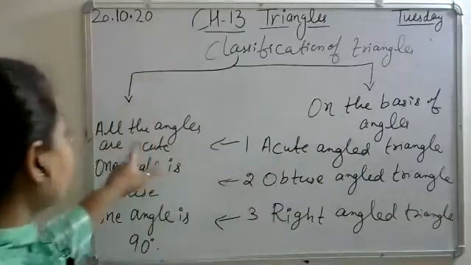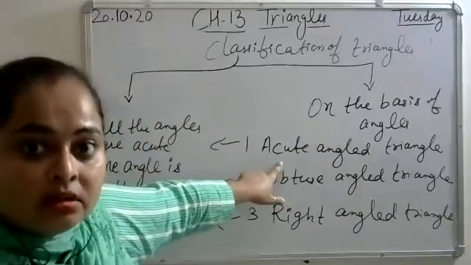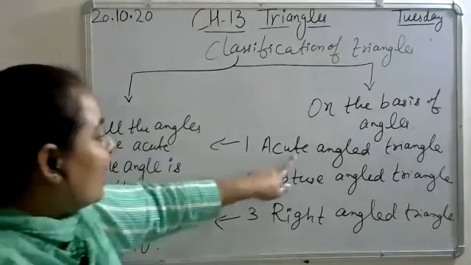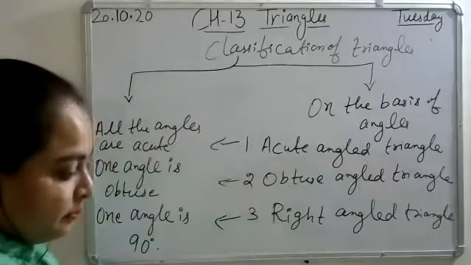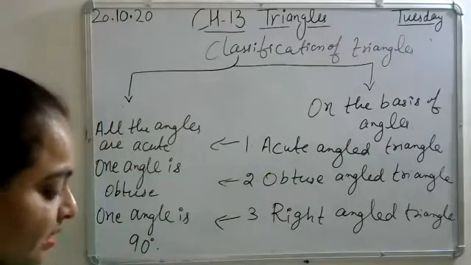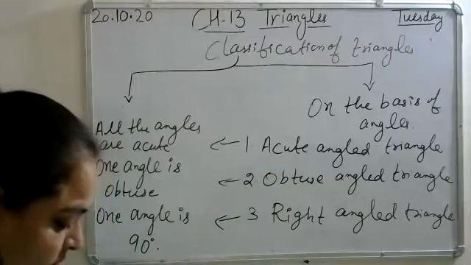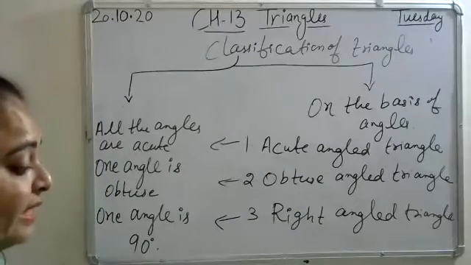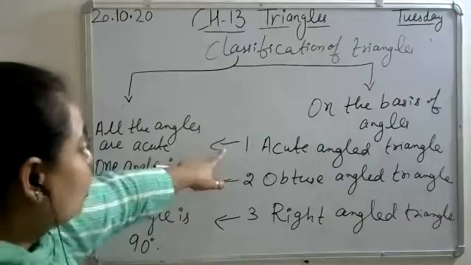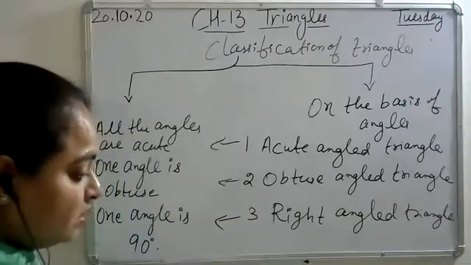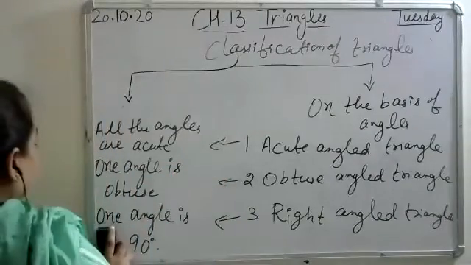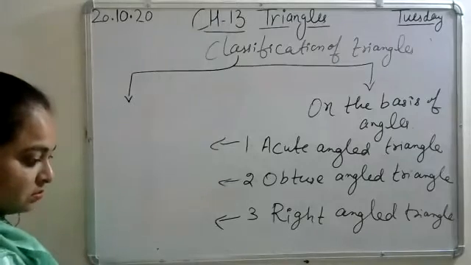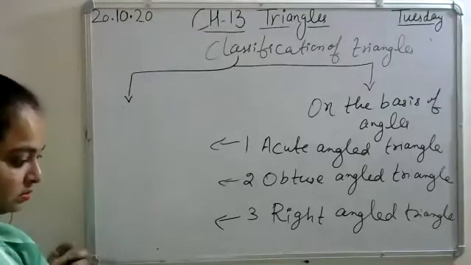I hope you know the meaning of acute angle. Yes, write it in the chat box. What is the meaning of acute angles? You have already done the concept of acute, obtuse and right. Very good.